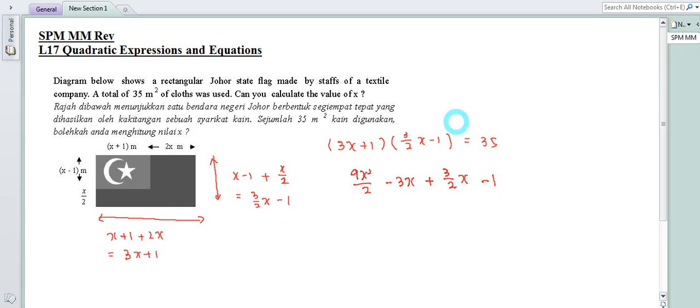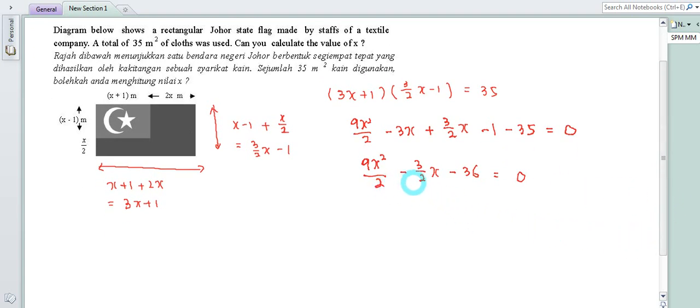The 35 I bring it over here, become negative 35 equal to 0. Okay, so here we try to simplify 9x squared divided by 2. These two are like terms, right? You can just press the calculator, negative 3 plus 3 over 2. Okay, this is negative 3 over 2x. Negative 36 is equal to 0.